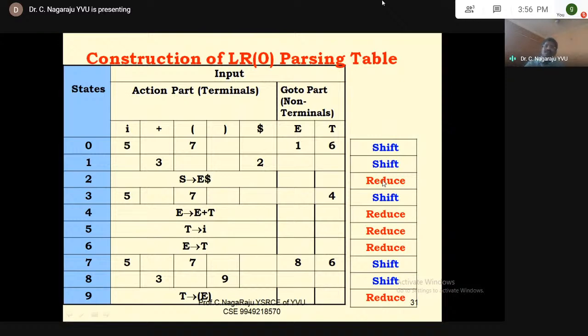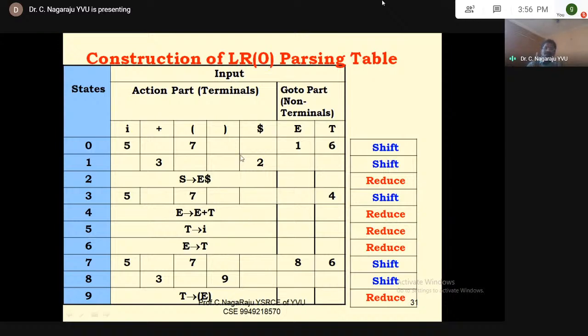We can call these reductions, reducing. In the LR parser, irrespective of any symbol, it will be replacing the productions. That's why we are calling it an LR0 parser. There is no lookahead for this one.